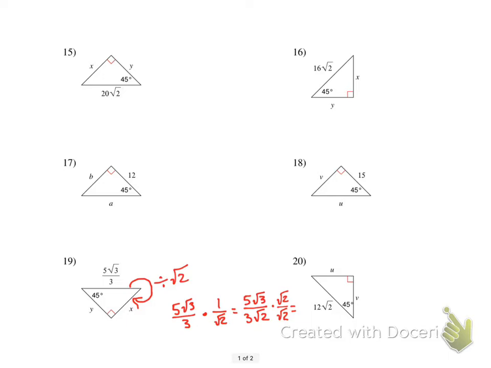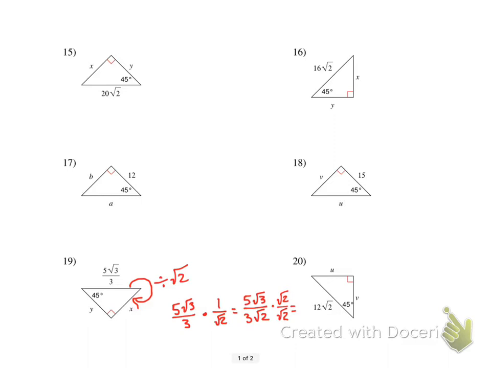You actually had problems almost exactly like this on your practice with rationalizing. So just think back to that. If you were comfortable doing it before, there's no difference in the process at this point.